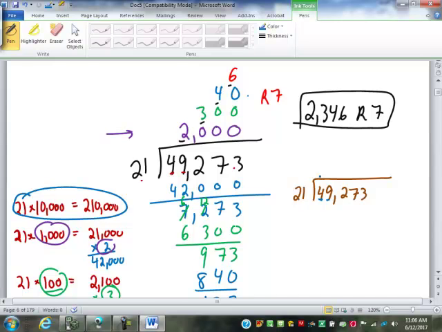So we moved over to the next digit. 21 goes into 49 twice. 2 times 21 is 42. We subtract it to get 7. That's exactly what we did over here. 21,000 goes into it twice. So we got 42,000. That's 2,000 times. We subtract. Notice that's exactly what we did here. We just left out all the zeros.